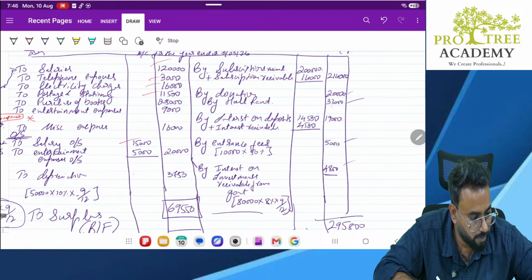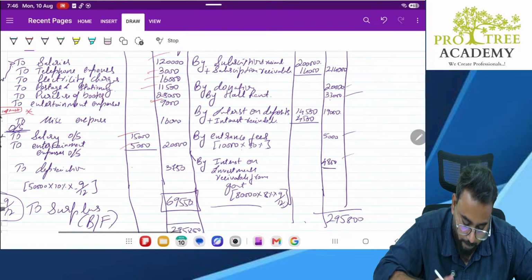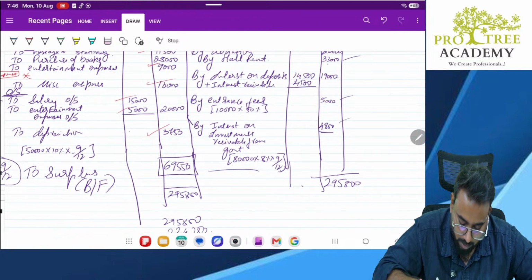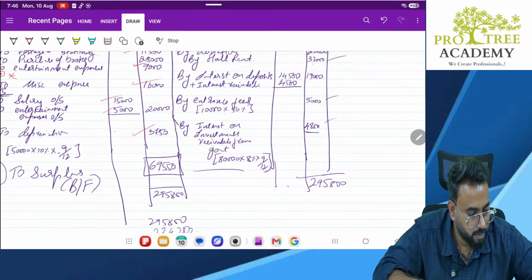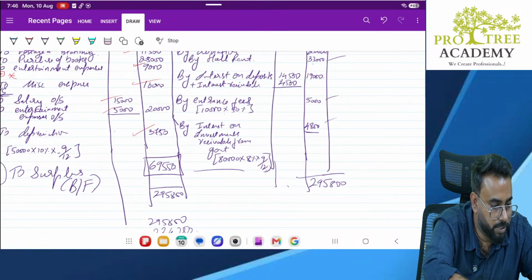The institute has left this 25,000. We have done 9,000, 5,000 is done, and 16,000 is done. 3,750 is done. I don't know where we are missing.